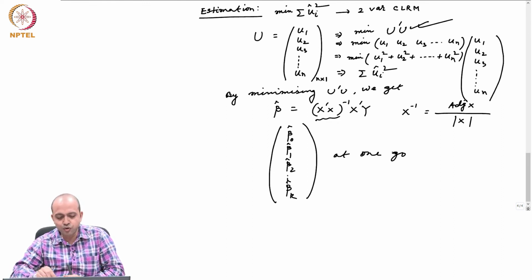You are getting all these parameters at one go, but you have to solve this. Fortunately, we do not have to do anything manually; our statistical software STATA will help us estimate everything by a single click.